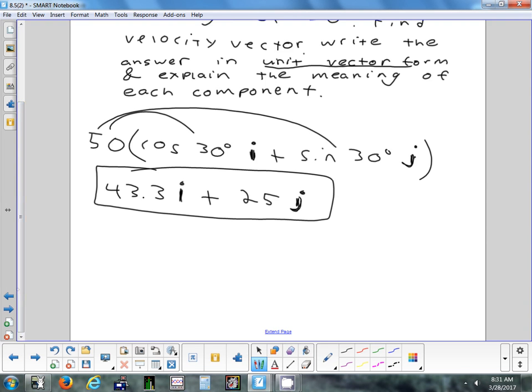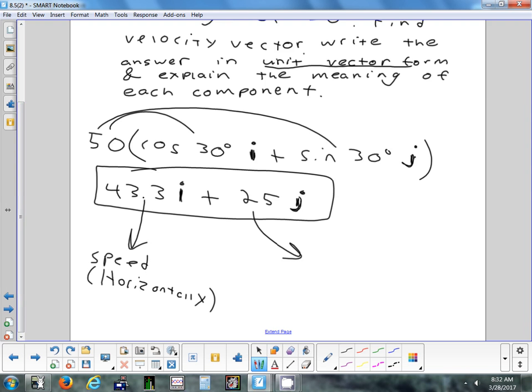So it's not how far it went, but it is the speed horizontally. So in other words, if you were to throw this object and somebody was standing directly in front of the object, it was coming right at them, and you pointed a radar gun at the object, it would say the object is coming at them at 43.3 miles per hour.